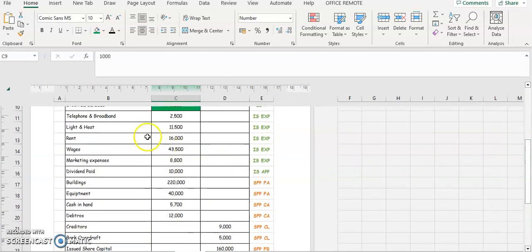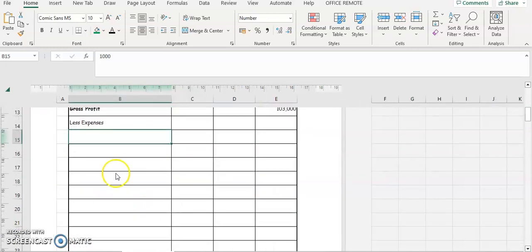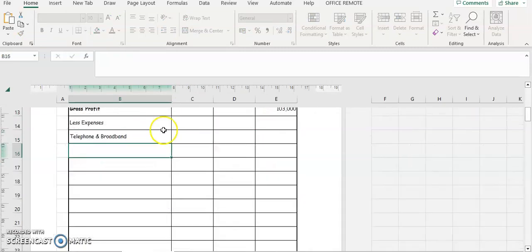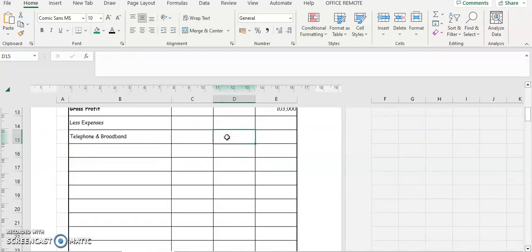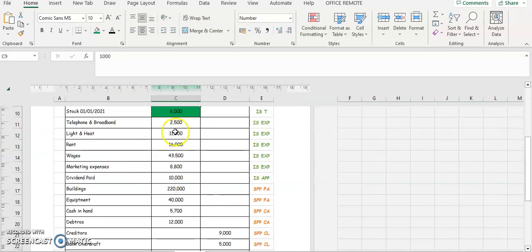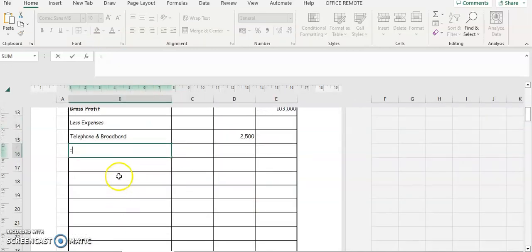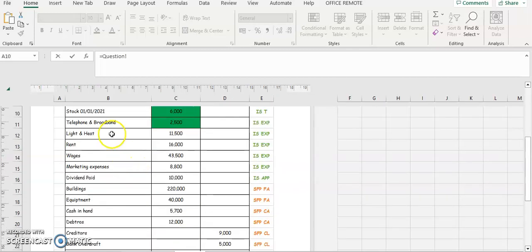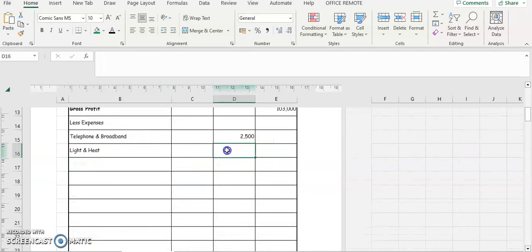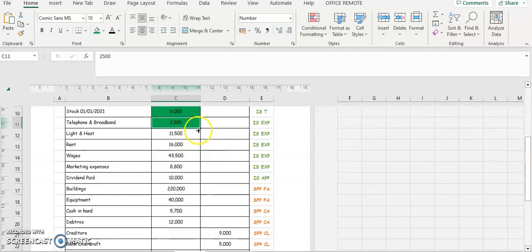So we've got telephone and broadband of 2,500. The next item then, remember we're going to put a highlighter or a line through it. Next item is light and heat, 11,500. So we're going to put a line through it as well.